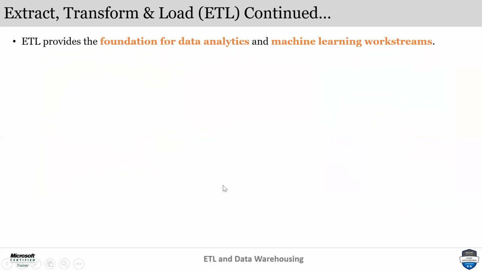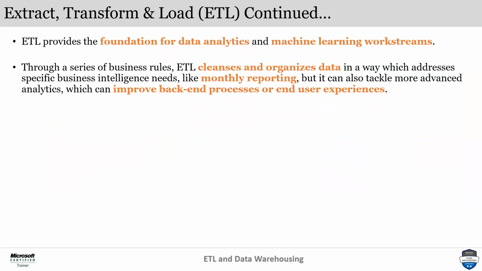So what exactly does ETL do? ETL provides a foundation for data analytics and machine learning workloads. It is the concept through which you can extract the data and prepare it for machine learning or data analytics. What actually happens in ETL? You cleanse the data and organize the data. Suppose in the day-to-day transactions there are two different databases.